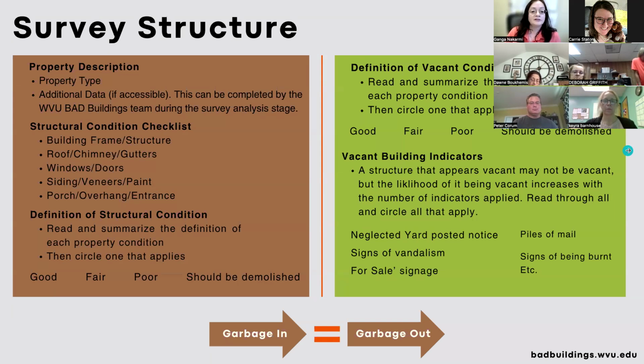The definition of structural conditions is good, fair, poor, or should be demolished, which we will discuss more on the survey date. And then we will discuss what all of this means for our purpose of surveying bad buildings.